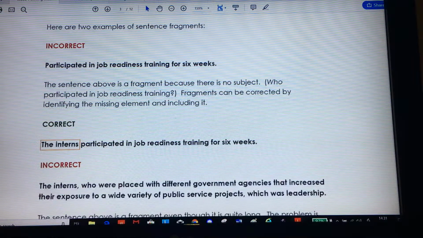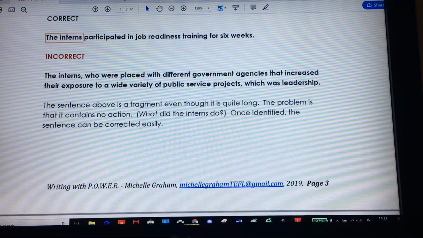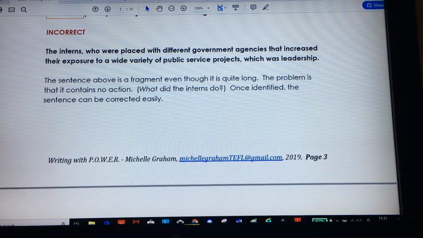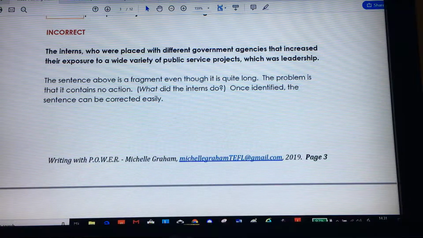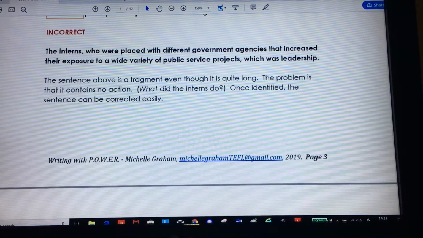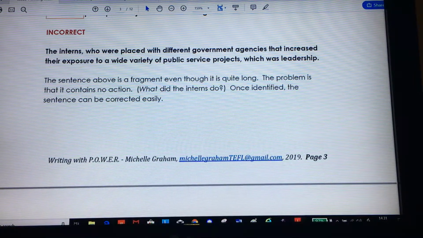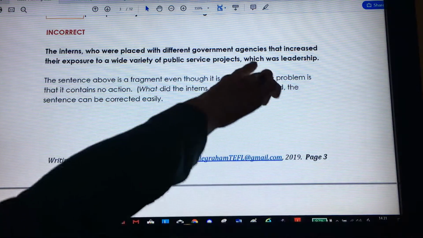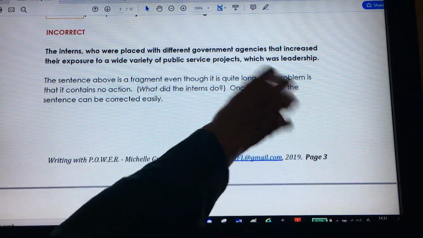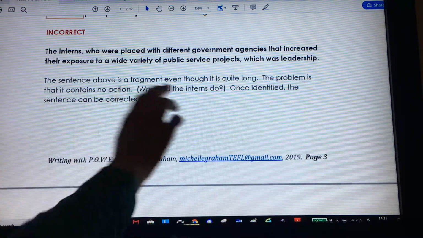Another example of a sentence fragment, and this one is a bit longer. The interns who were placed with different government agencies that increased their exposure to a wide variety of public service projects, which was leadership. That's unclear because this last part here doesn't finish the sentence. It doesn't give a verb and show what these interns were doing.